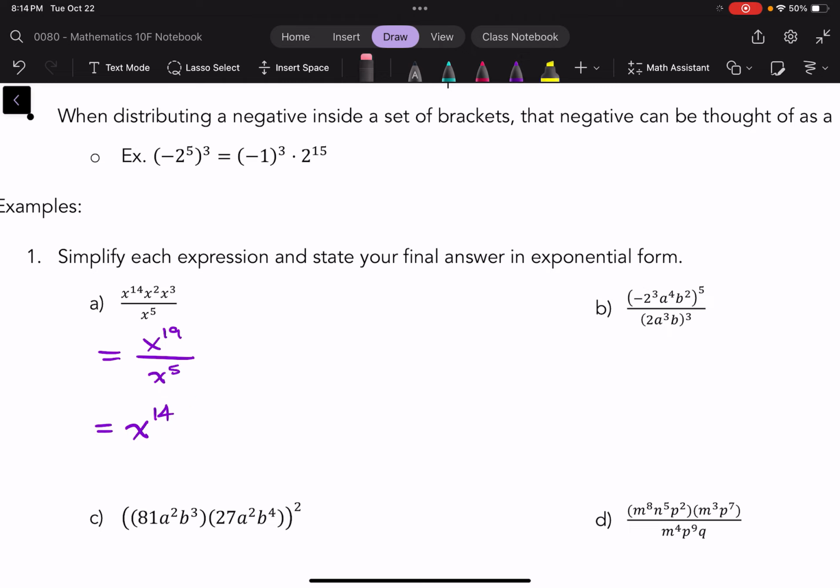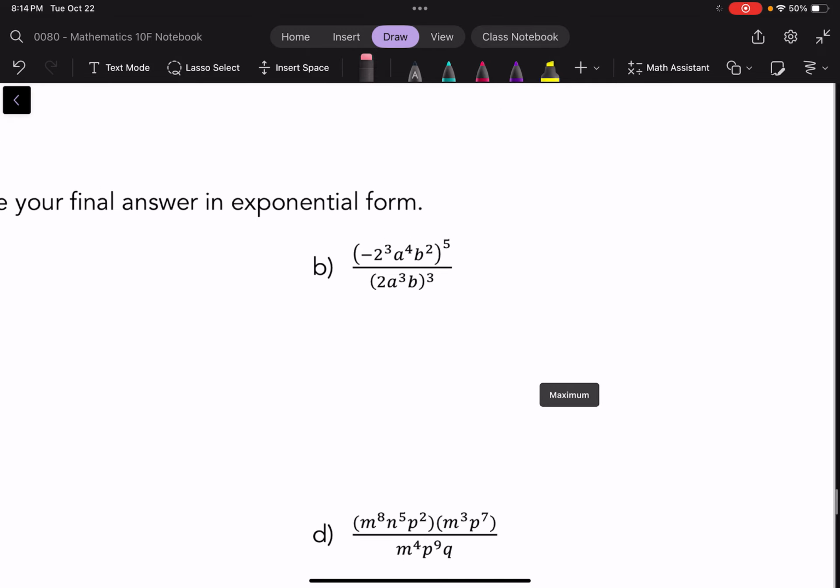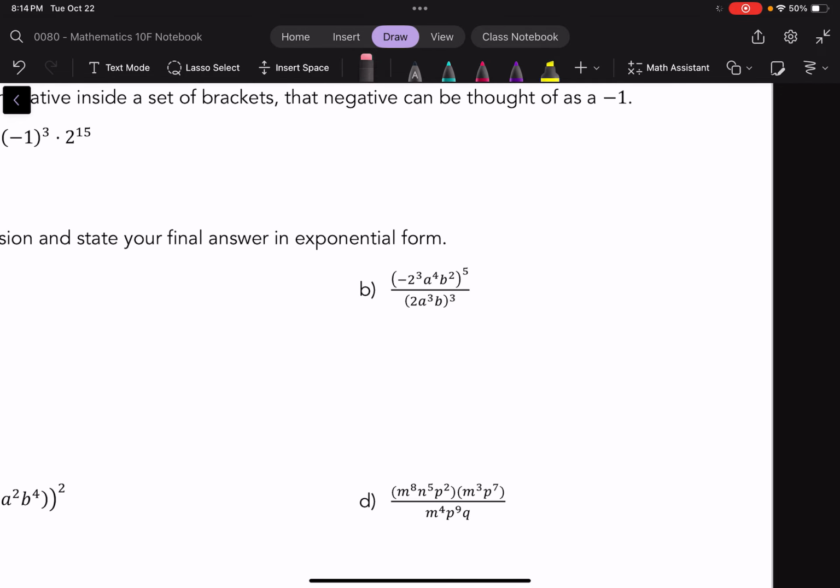Next example, we're going to proceed with this one as well. Remember, BEDMAS still applies. When we look at this, you might be tempted to look at 2 to the power of 3 and say, oh, I know that's 2 times 2 times 2, that's 8, and write it down that way. Thing is, that wouldn't be in exponential form.